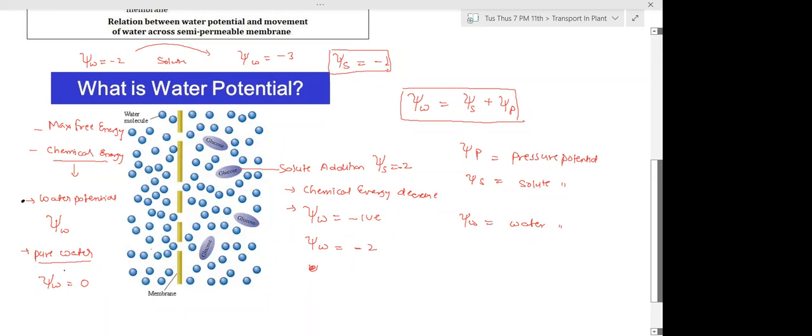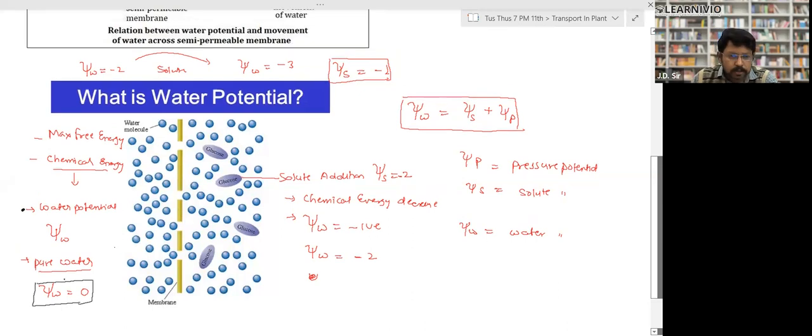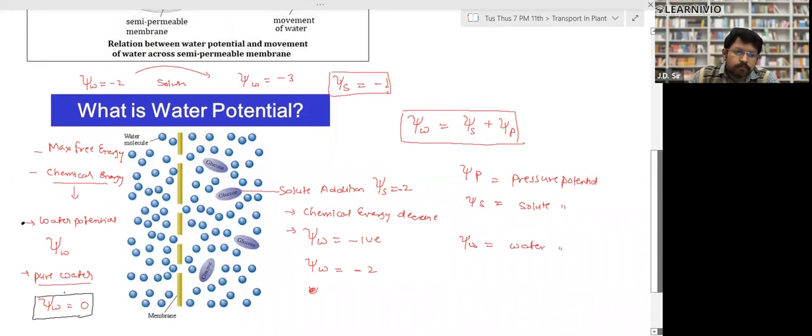Yes, sir. So pure water always has 0 potential energy or 0 water potential, and a solution always has negative water potential, right? So what is osmosis? Movement of water molecules from higher water potential to lower water potential is called osmosis.